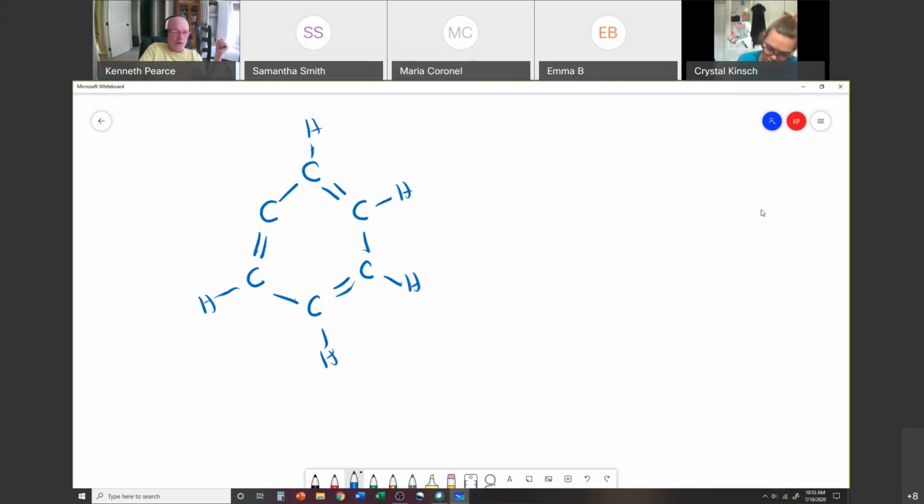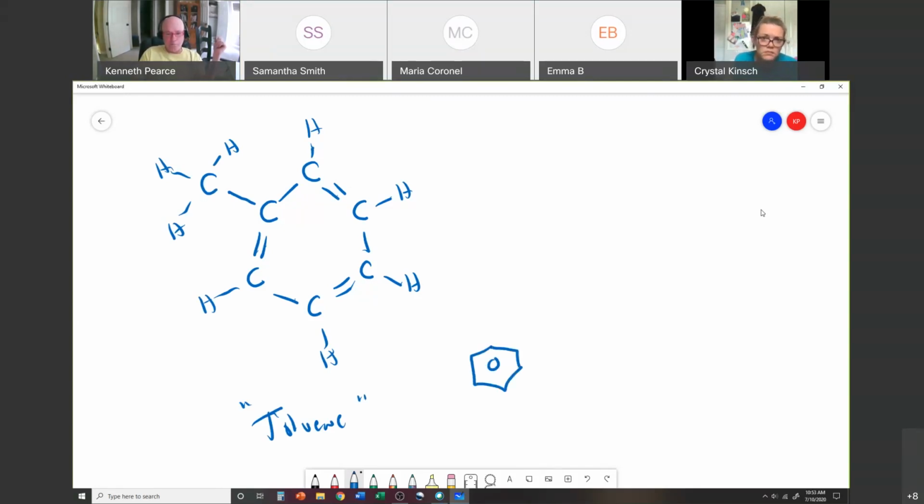And just to make things even more interesting, let's make this a carbon with a hydrogen, hydrogen, hydrogen coming off. This actually is toluene. Usually it's sketched out like this. And all that circle in the middle means it's delocalized double bonds.